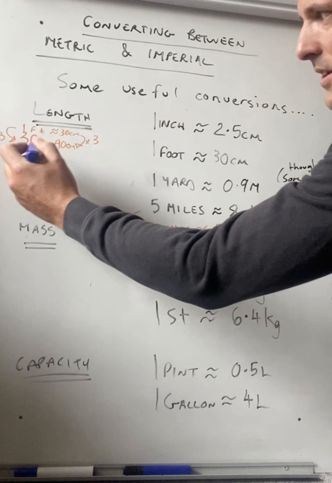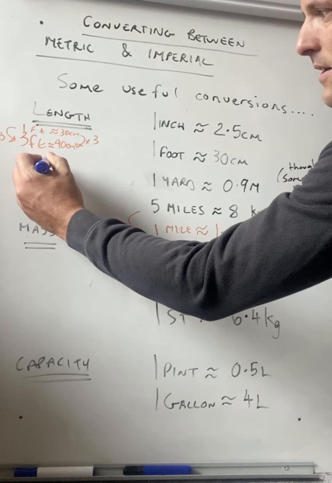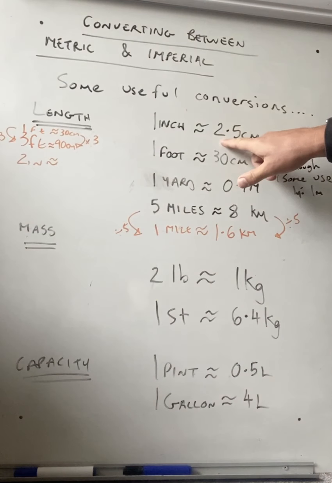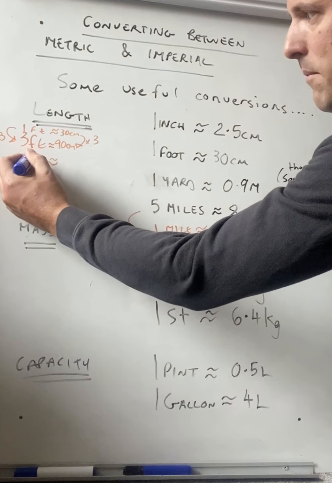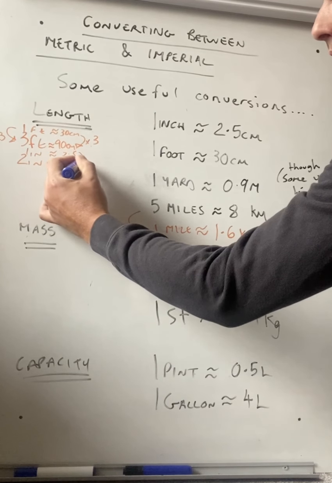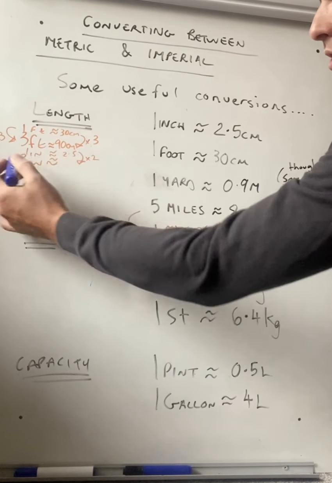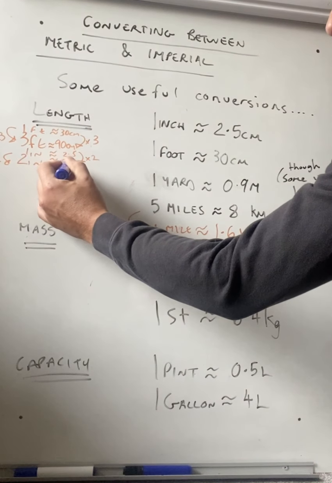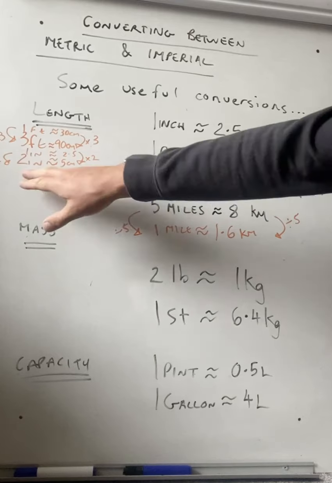And I think I said 2 inches, so 2 inches is approximately, well, if 1 inch is 2.5 centimetres, let's write that above, then we have to ribbon that, timesing it by 2, and the reason why I've timesed by 2 is because I want 2 inches.